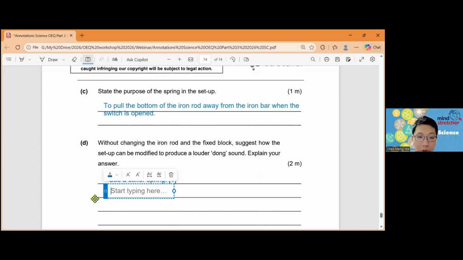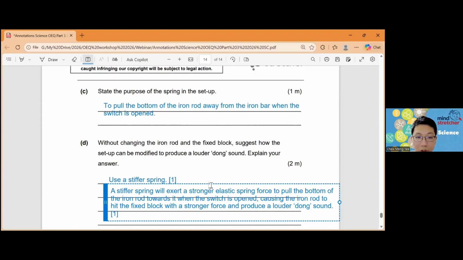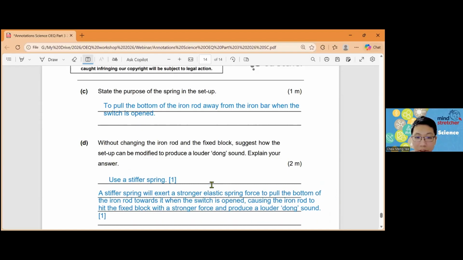So a stiffer spring, this answer is a bit longer, so bear with me here. The stiffer spring will exert a greater elastic spring force to pull the bottom of the iron rod towards it.